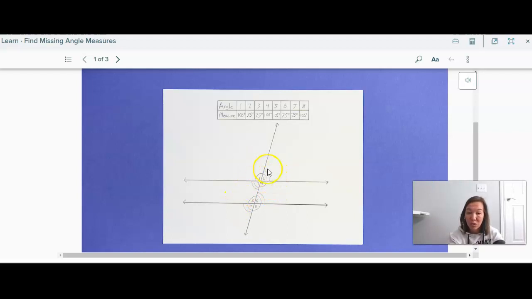But notice that there's only two. Out of these 8 angles, there's only 2 different measures. So you need to know those relationships. You need to know that vertical angles are congruent. You need to know that alternate exterior angles are congruent. 1 and 8, 2 and 7. Alternate interior, 3 and 6, 4 and 5. Corresponding, 2 and 6, 4 and 8, 1 and 5, 3 and 7.